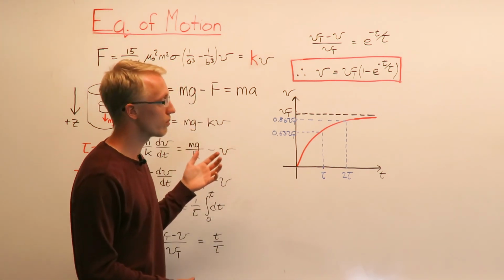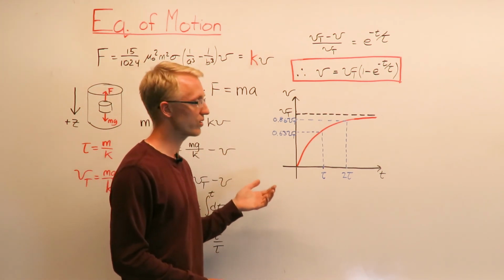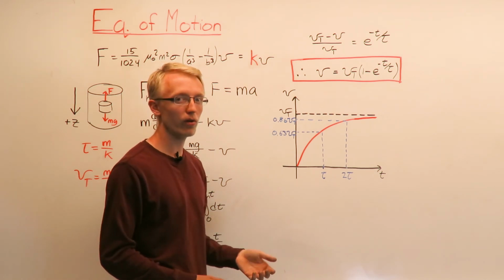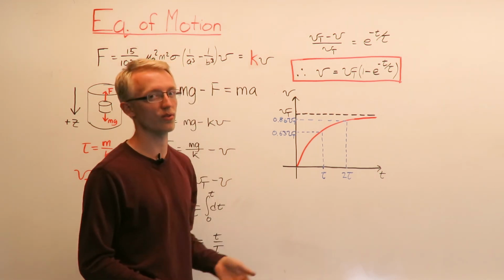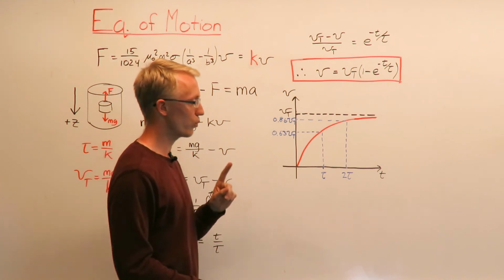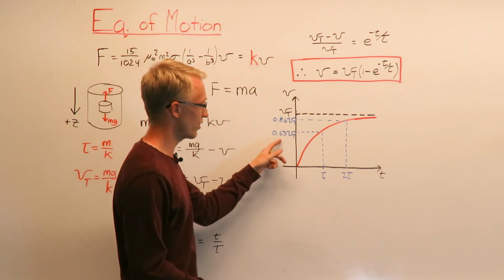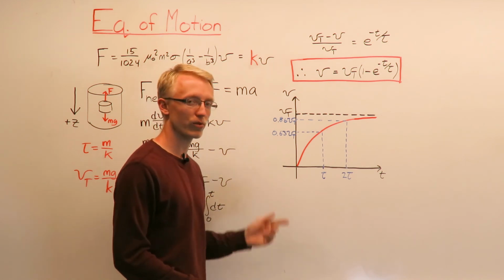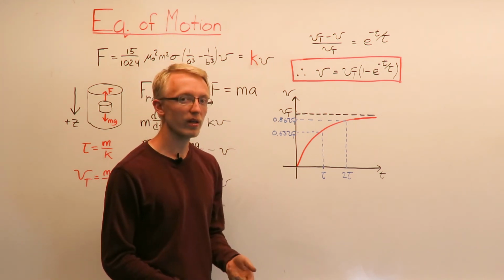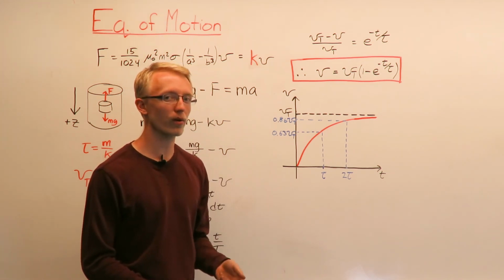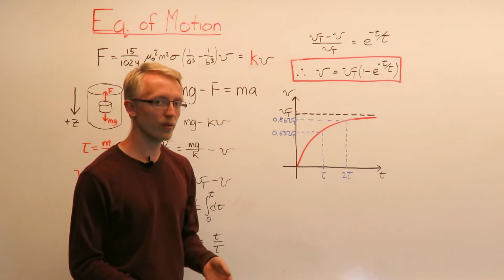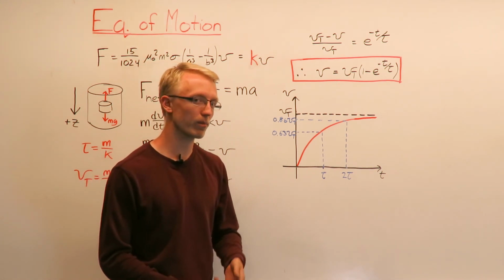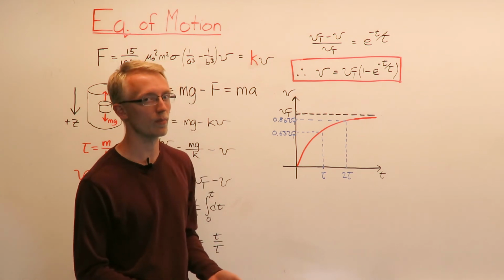You can also see the importance of this time constant tau, as it determines how quickly the velocity approaches the terminal velocity. After just one time constant, it's at 63% of the terminal velocity. After 2, it's 86%. After 3, it's at 95%, and 4, it's 98%. So it only takes a few time constants to get practically at the terminal velocity.